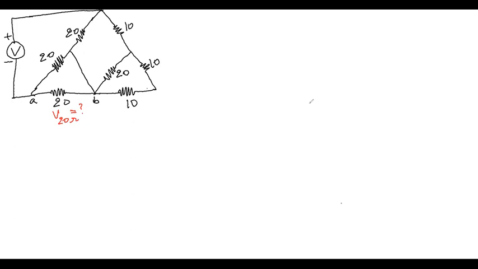Okay, now what do we see? It's obvious that now these two resistors are connected in series. Let's say this is represented by R1. So R1 is the sum of these two resistors, 10 and 10. So 10 plus 10 is 20. So we can replace these two resistors with R1. Now let's do that.